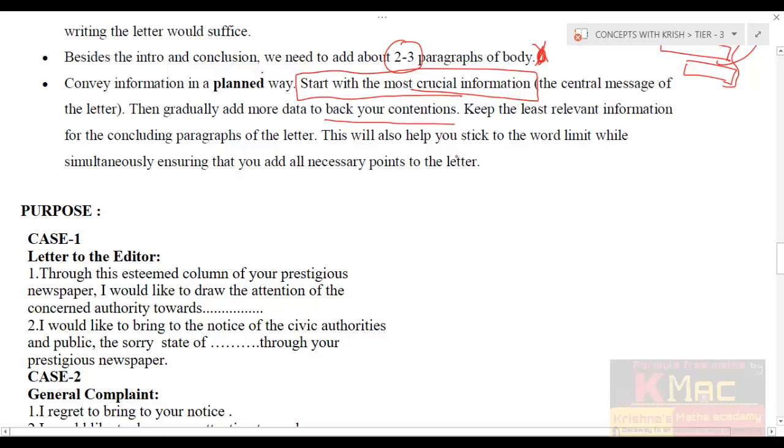Whichever statement you make, you need to corroborate it with some examples or give some data to support your arguments or claims, and keep the least relevant information for the concluding part of the paragraph. This will also help you stick to the word limit while ensuring that you add all necessary points to the letter.